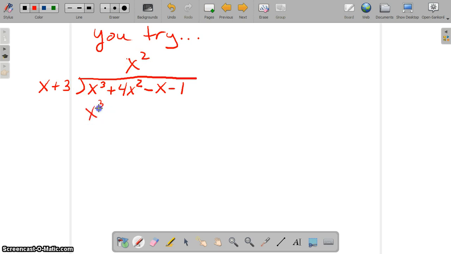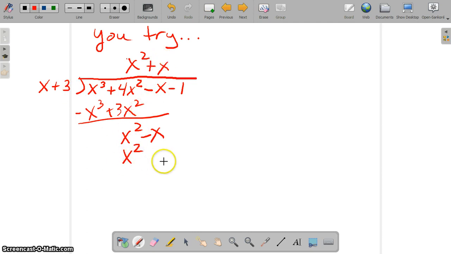So when I multiply this out, x squared times 3 is plus 3x squared. We are going to subtract. We have an x squared minus x. X times x gives me x squared. X times 3 gives me 3x.